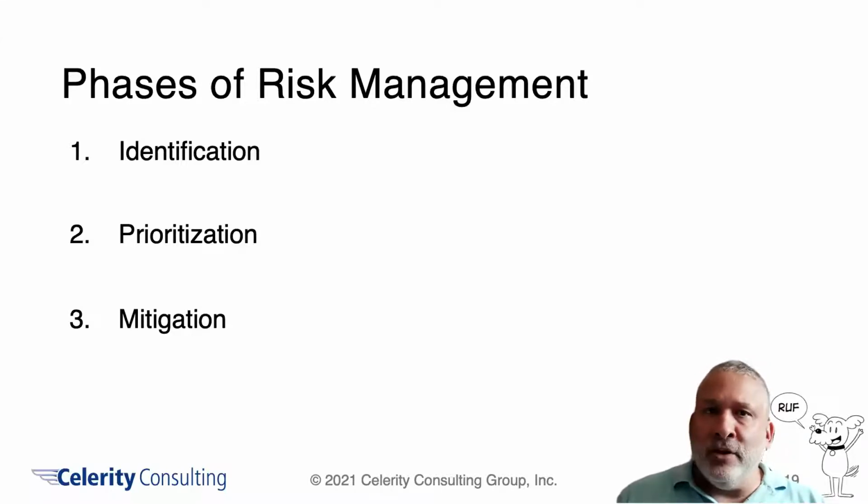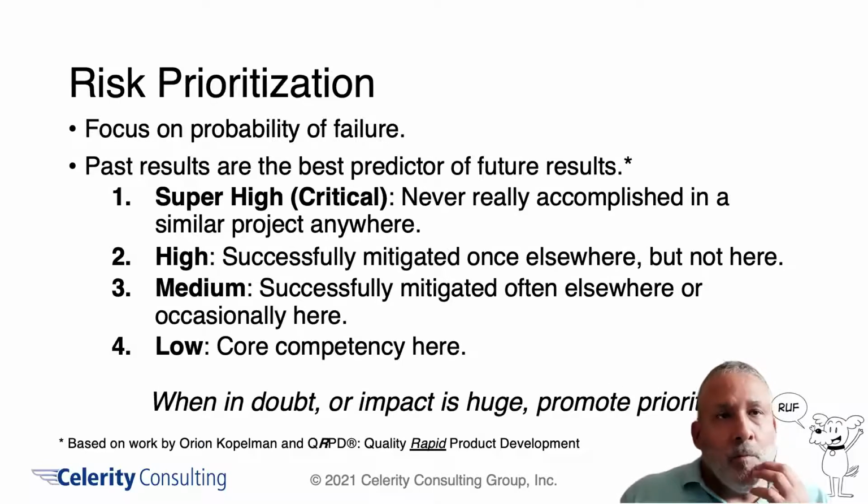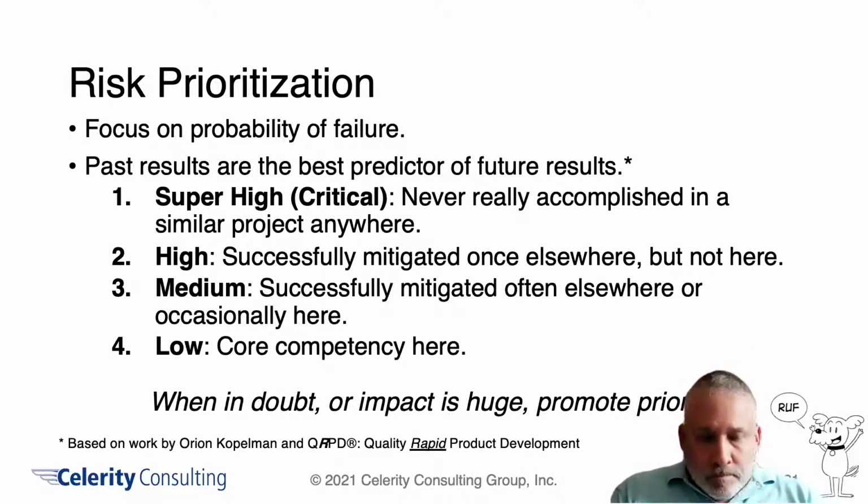Let's talk about the second piece, prioritization. Here's a very simple one-axis model that has proven to be very productive. And it's a little counterintuitive.